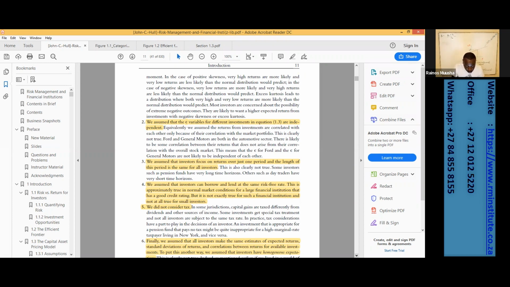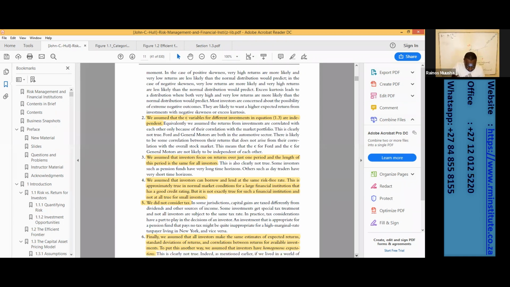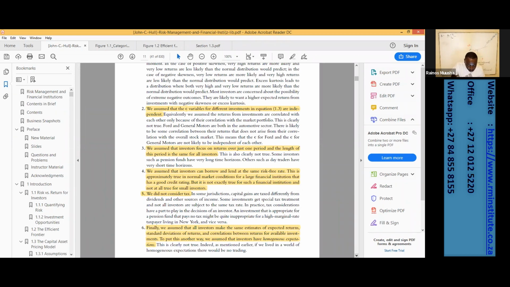Then number 4, we assumed that investors can borrow and lend at the risk-free rate. This is approximately true in normal market conditions for a large financial institution that has a good credit rating, but it is not exactly true for such institutions, and not at all true for small investors. We also did not take into account what?